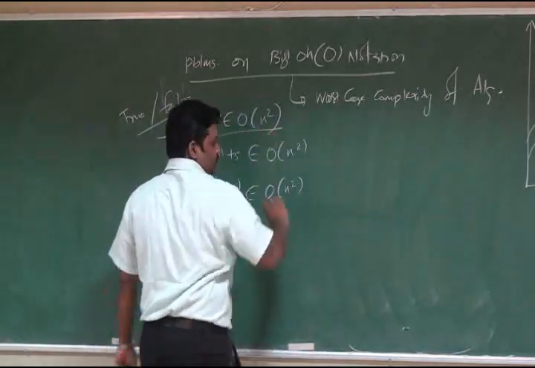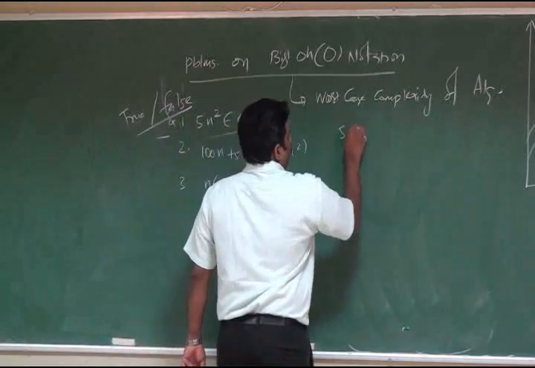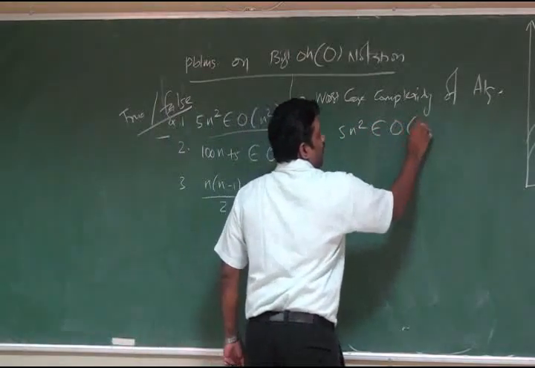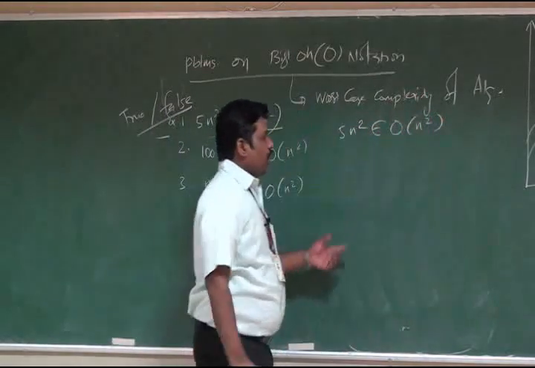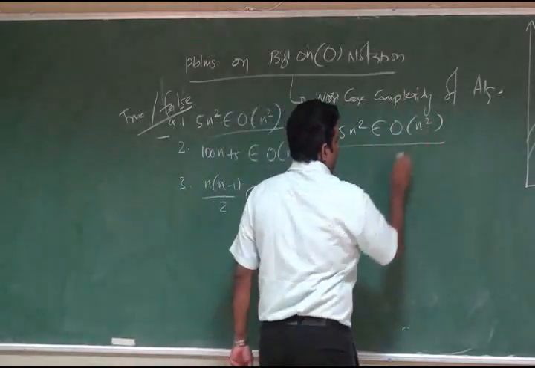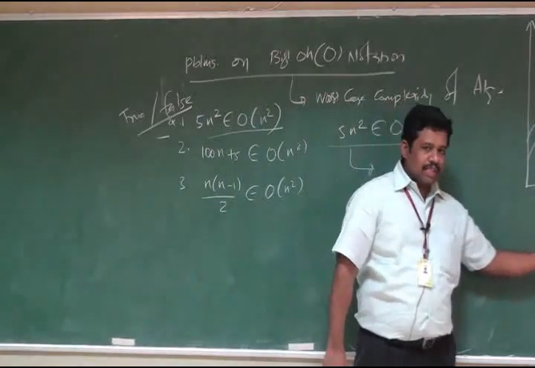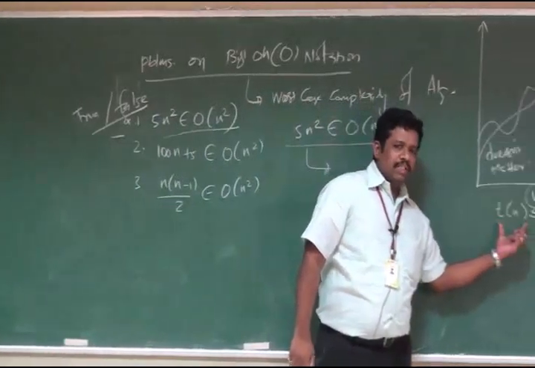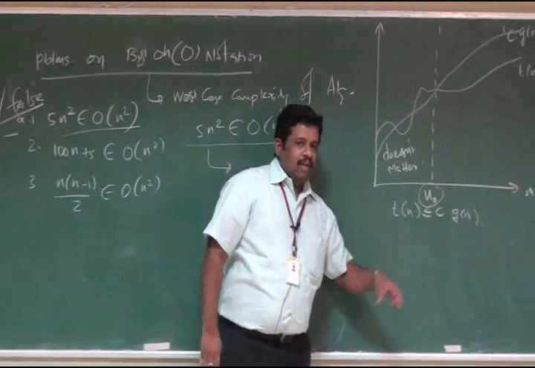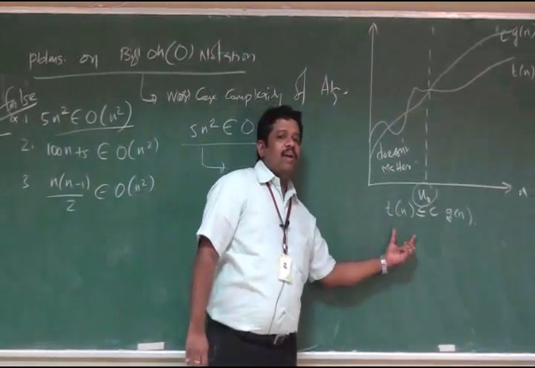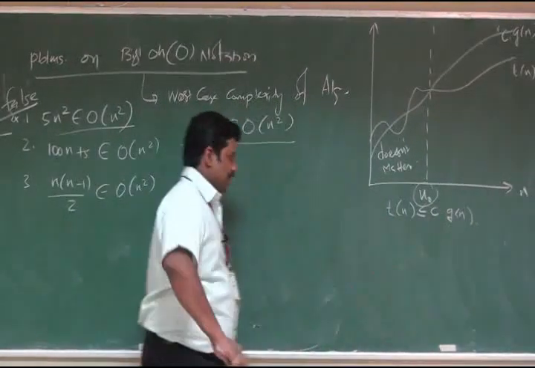First one, 5n square. We have to prove whether it belongs to big O of n square or not. From this equation, it is identified that, with reference to the expression definition, you have two functions, T of n and G of n. So we are supposed to identify what are all the functions available in the given expression.